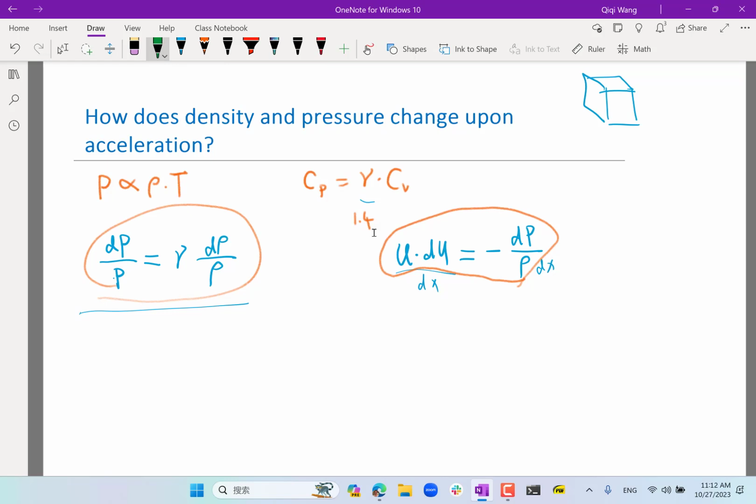That is how the density in a compressible flow changes as the flow accelerates. So what we derived is d rho over rho, the fractional change or percentage change in density, actually is related to du over u, the fractional or percentage change in the velocity. And that relationship turns out to be, first of all, minus, right? We accelerate, the pressure drops, the density drops. So we have a negative sign over here. And the proportionality constant turns out to be the square of velocity divided by gamma times p over rho.